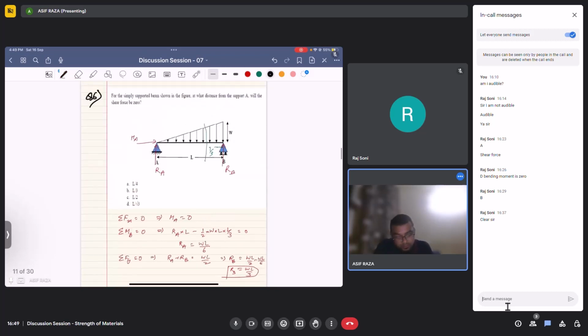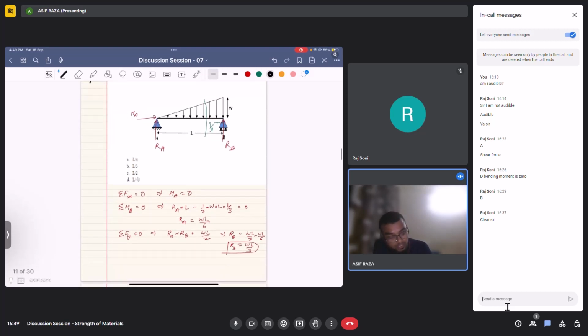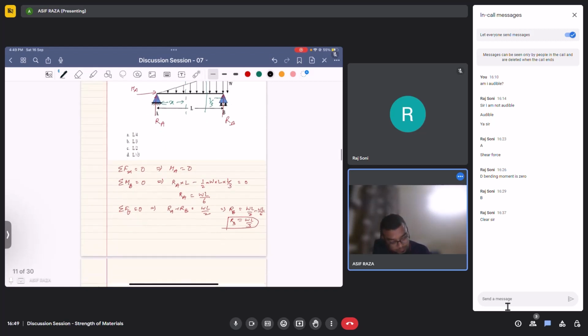Now, what is the question asking? For the simply supported beam shown in the figure, at what distance from the support A will the shear force be 0? So let us take the section x from the left hand side. Now, moment at x is equal to what?